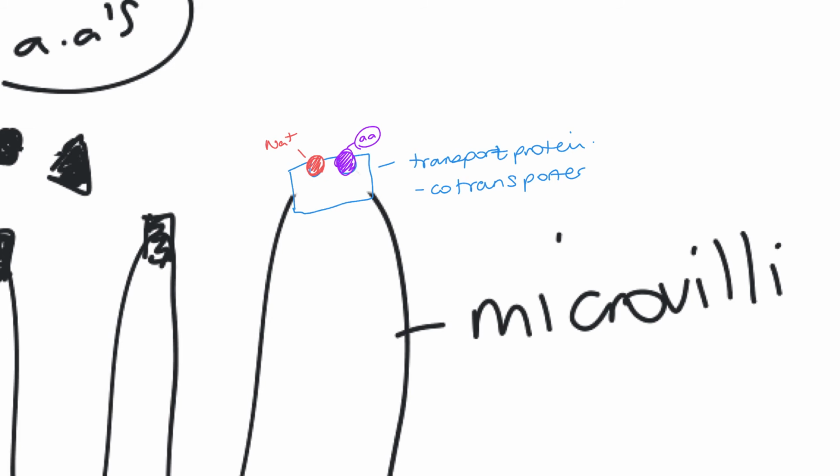This process of moving the amino acid into the epithelial cell requires also a sodium ion to bind. This is facilitated diffusion.